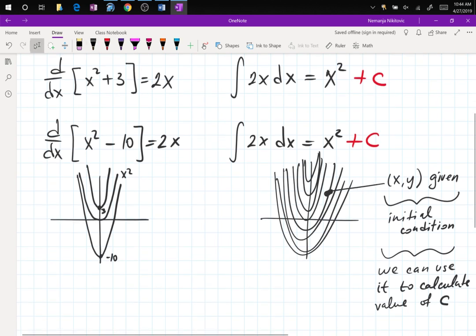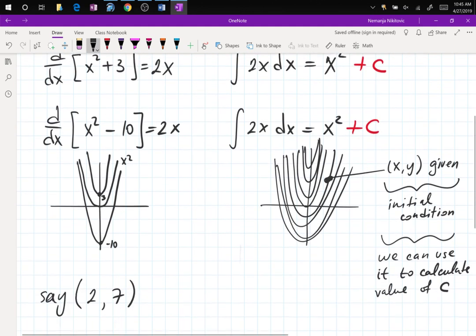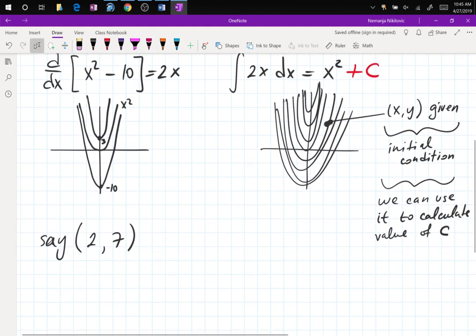So let's say that the point given to you is 2, 7. Okay. So if the point given to you is 2, 7, we use capital F of x. I'll explain that again later.